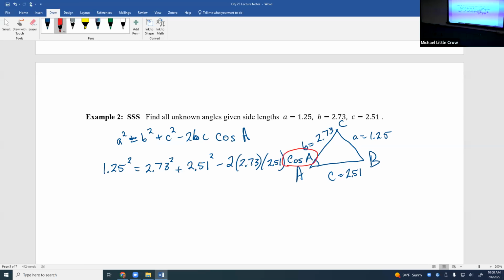We need to isolate cosine of A, so we subtract this and this from both sides.